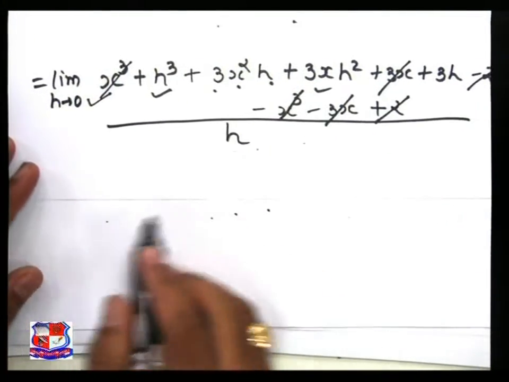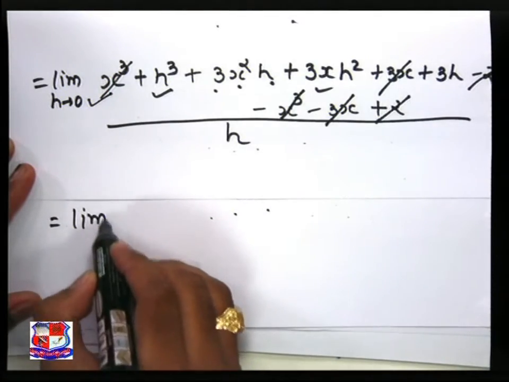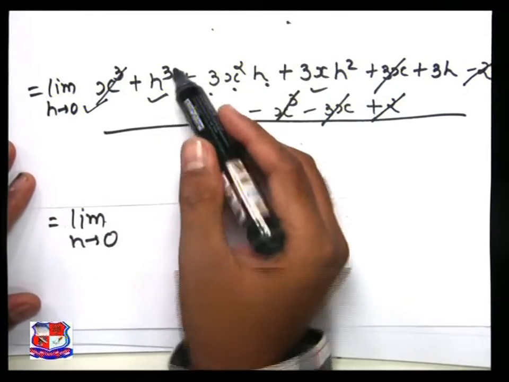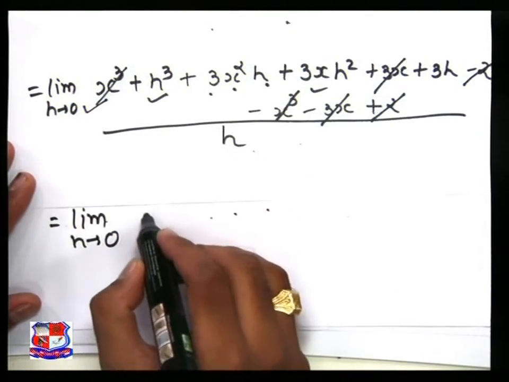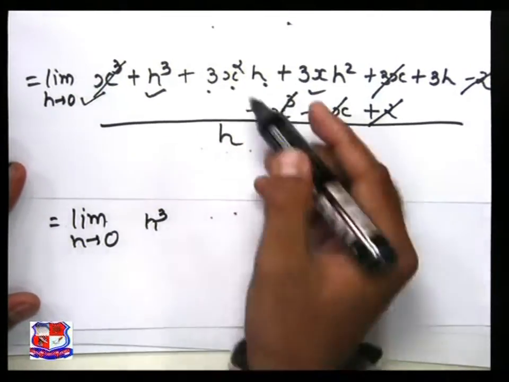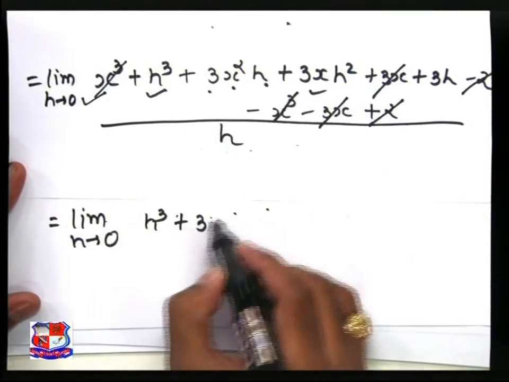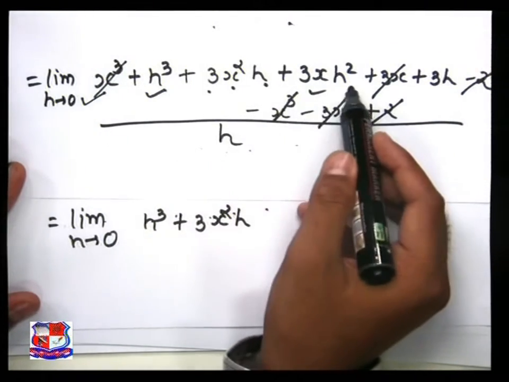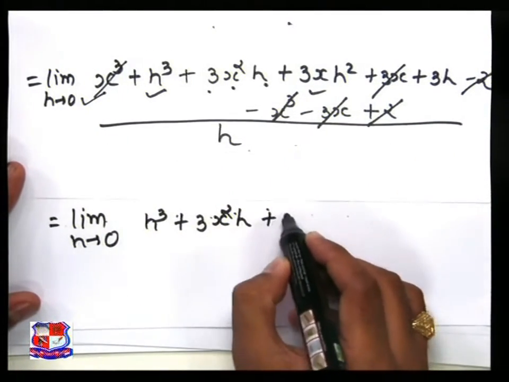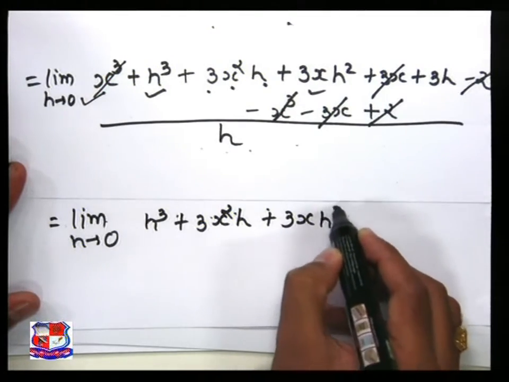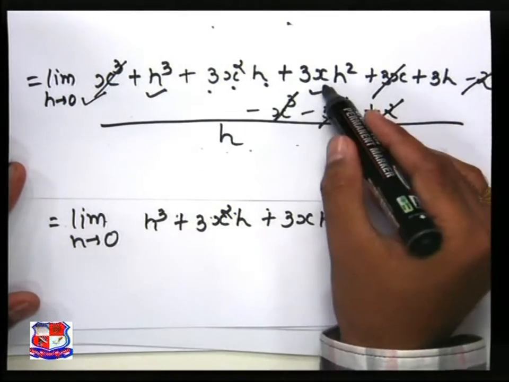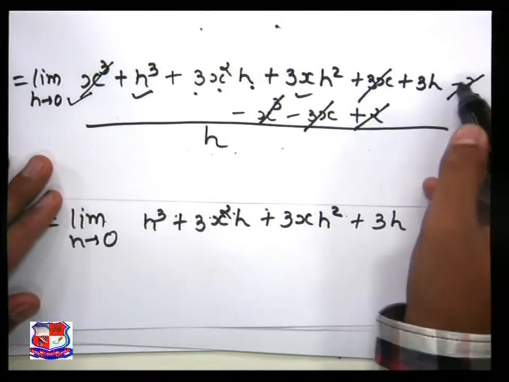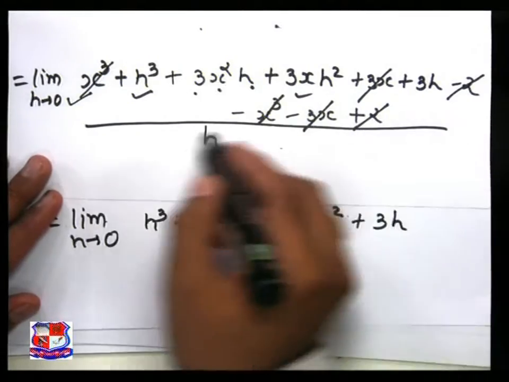So we can write limit h tends to 0, remaining term here h cube, so we write h cube, remaining term plus 3x square h, so we write 3x square h, here remaining term plus 3xh square, and here the remaining term 3h. Now verify there is no remaining value, divided by h as it is.